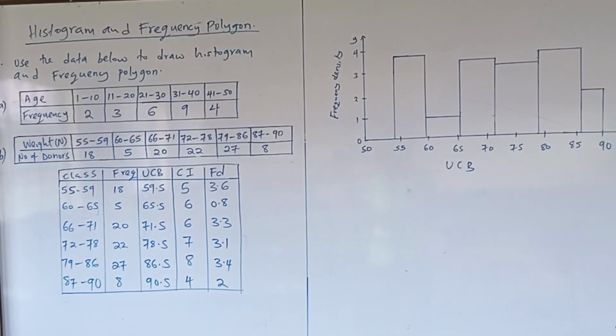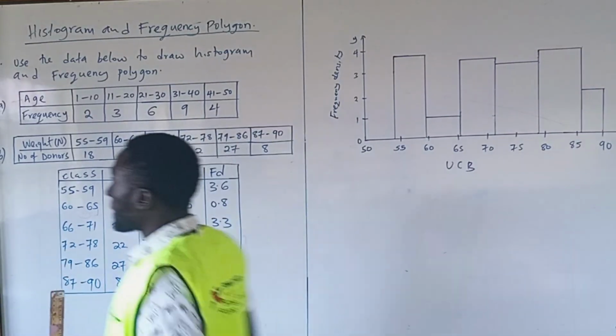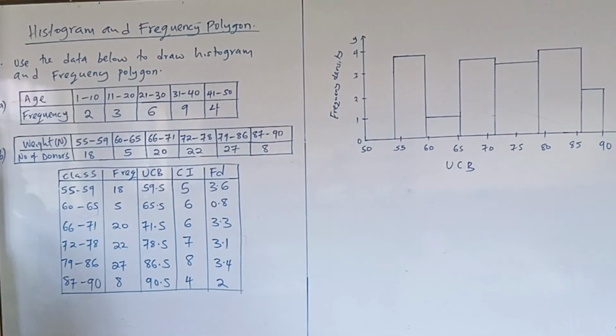In example B, the class interval is different in every class. But in the first one, the class interval was the same.